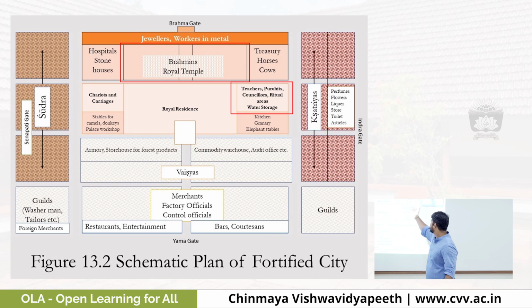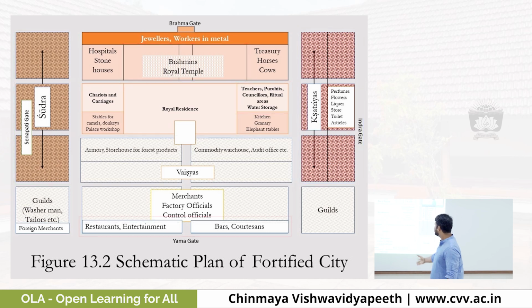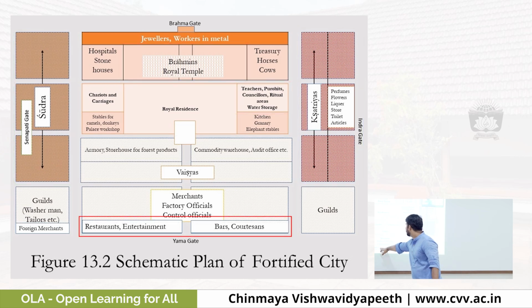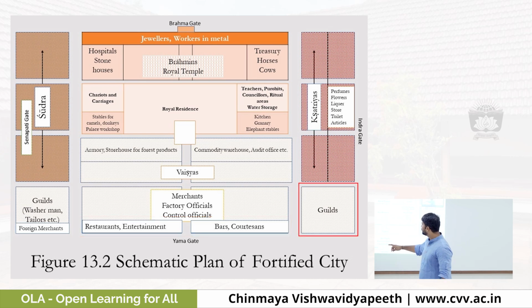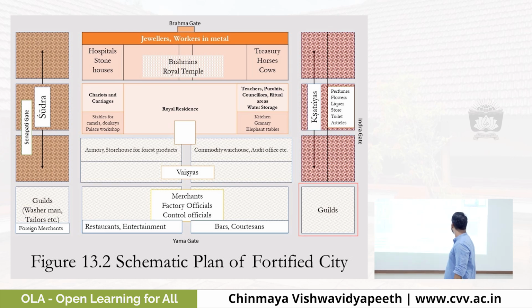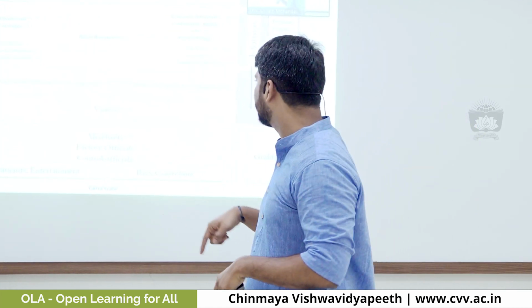So the Brahmins used to live at this place. Similarly, Kshatriyas, Shudras and Vaishyas are here. Now just see, restaurants have a place here at the back gate, let us say. So bars, courtesans. Similarly, see the guilds, they occupied this far end of the city. So this is a fortified city, so within the fort we see all of this.